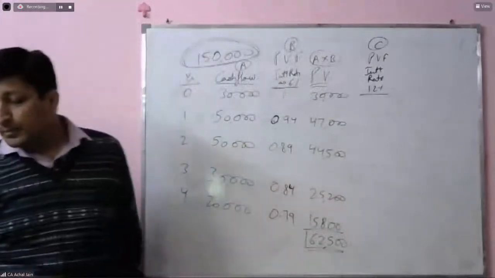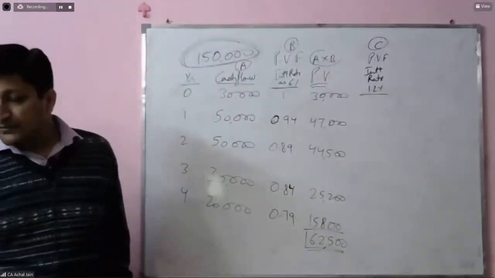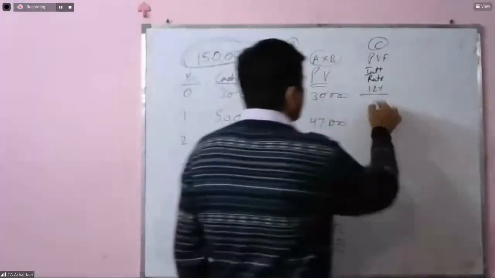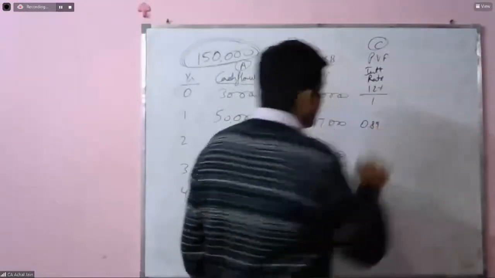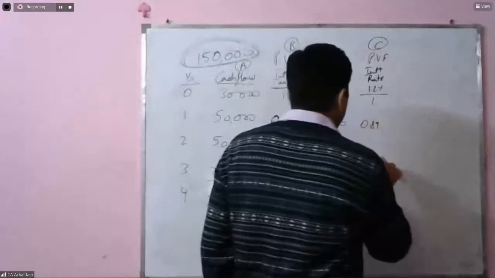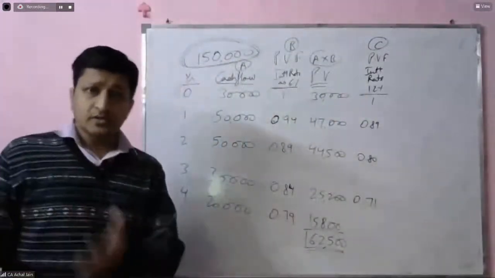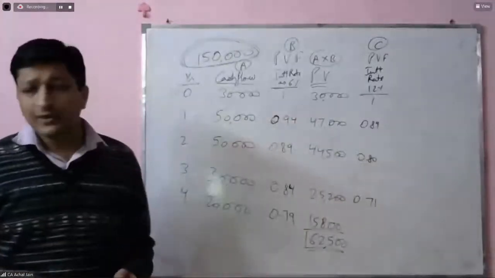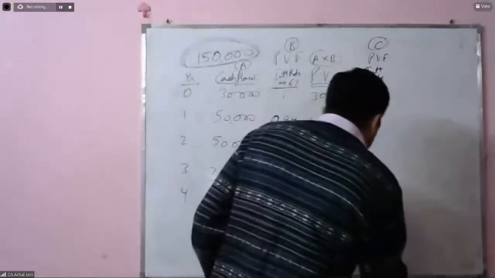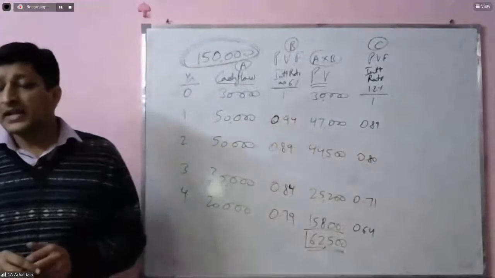So I can then recompute the PV. The PV factors I'll just write down: 1, 0.89, then 0.80, 0.71. I have computed this on Excel, that's why I'm able to write it quickly. But you will have to compute it on your own, and I'm hoping you are doing this simultaneously. Only then will you understand this concept better.